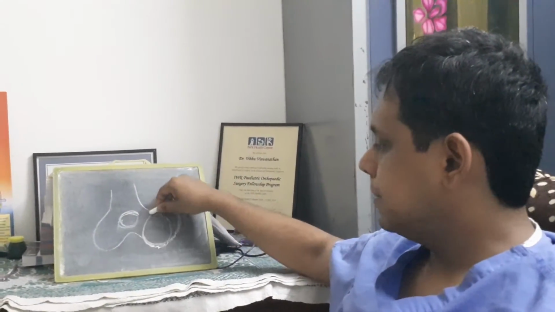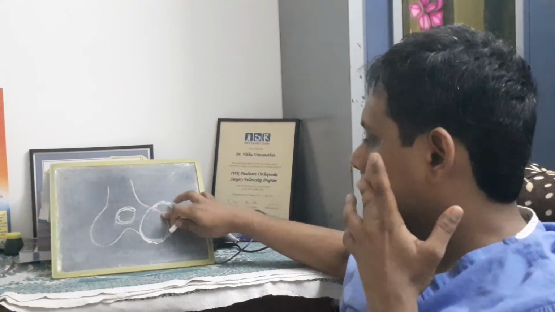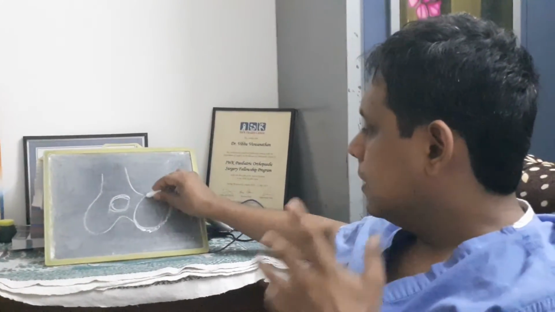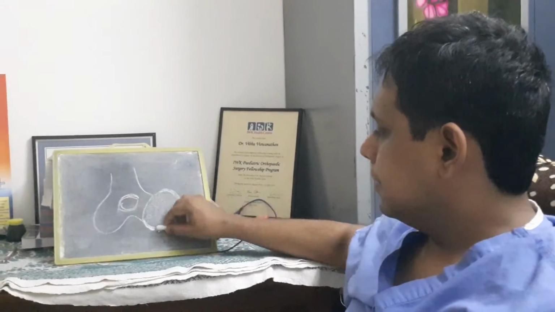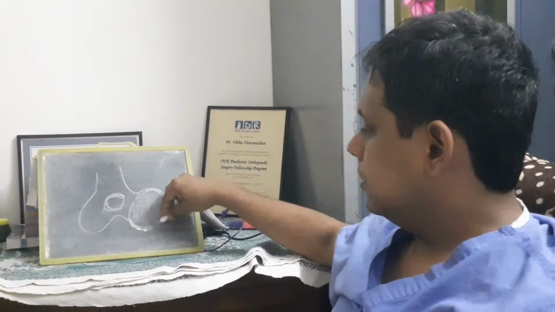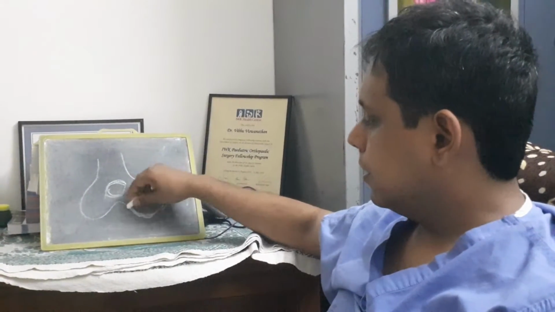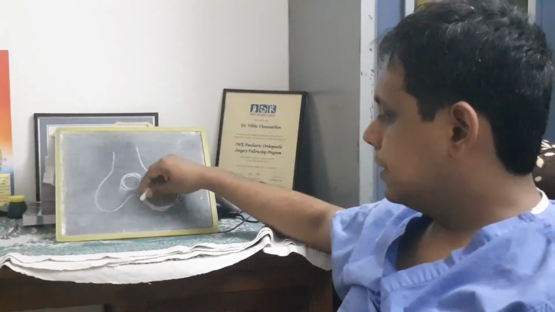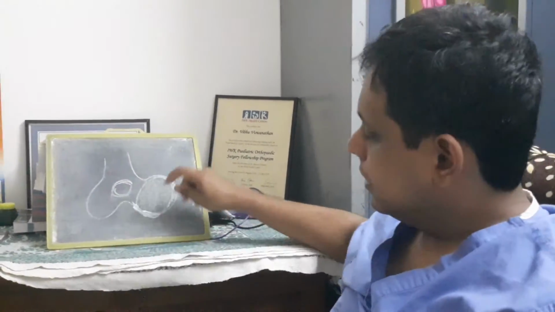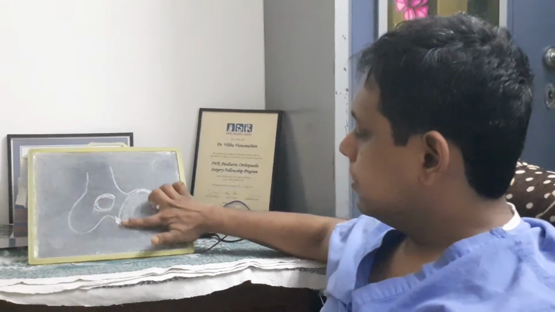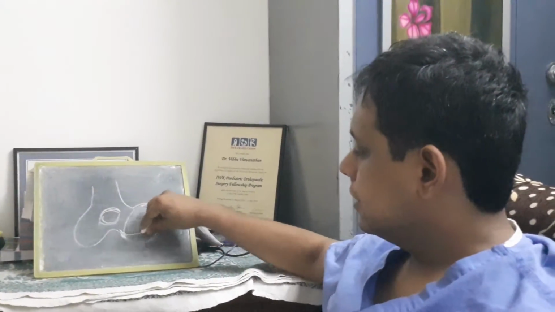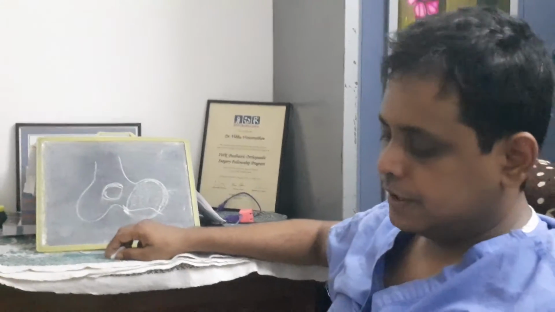So they are going to be expansile lesions. They are going to expand the bone, and this is going to be a lytic region. So this is how a giant cell tumor typically presents. It extends all the way to the subchondral bone, that is just below the cartilage, and that's why these lesions can present with subchondral fractures. They can present with severe pain in the joint.